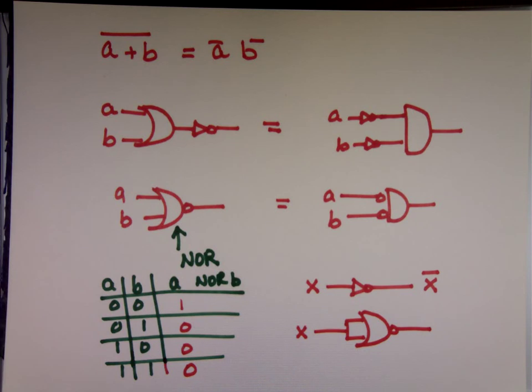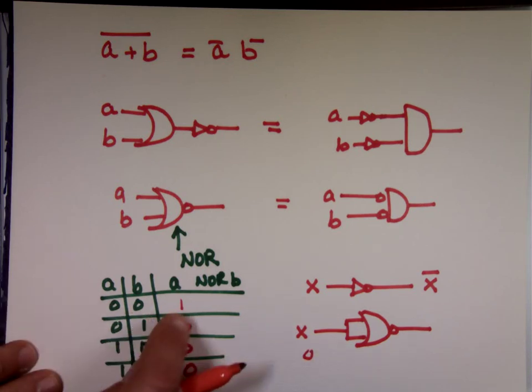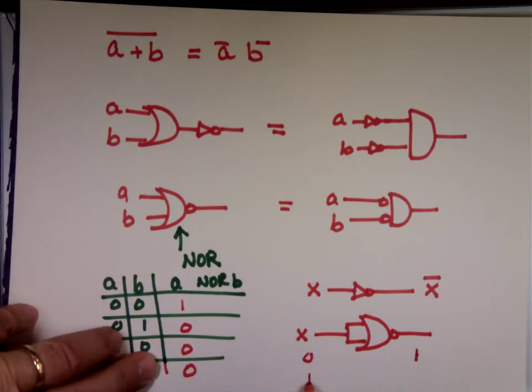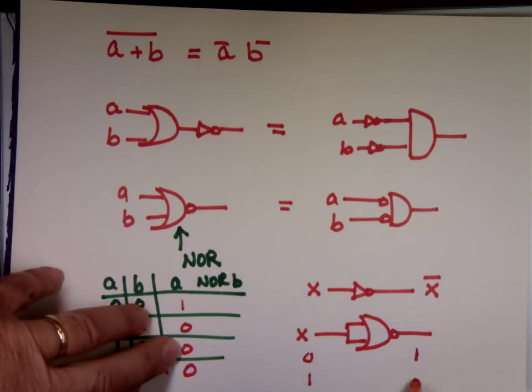Let's see what will happen. When X is 0, I'm going to have 0 NOR 0. What is 0 NOR 0? 1. When X is 1, what's 1 NOR 1? 0. Looks like a NOT gate.